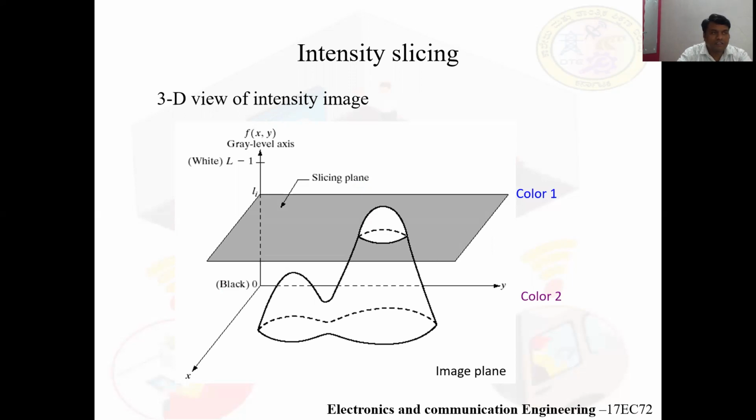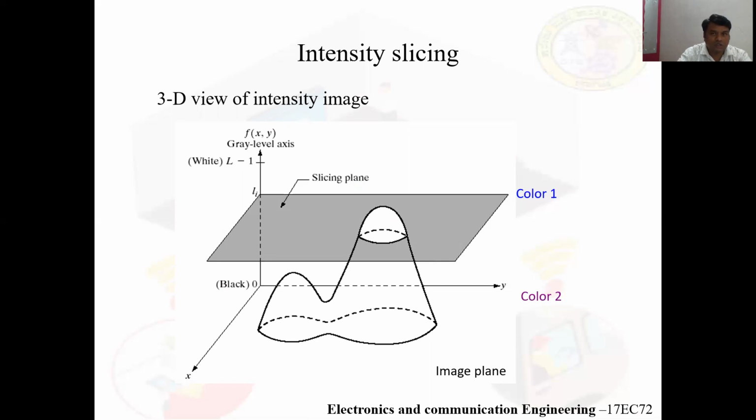If a different color is assigned to each side of the plane shown in the previous figure, any pixel whose intensity level is above the plane will be coded with one color, and any pixel below the plane will be coded with the other. Levels that lie on the plane itself may be arbitrarily assigned one of the two colors.